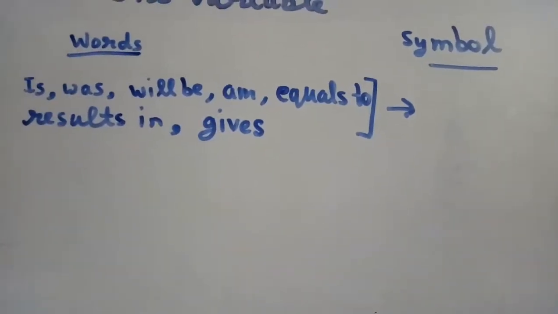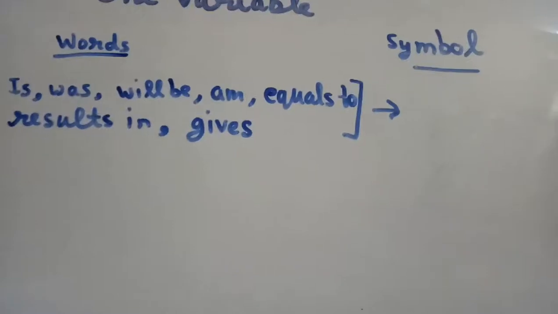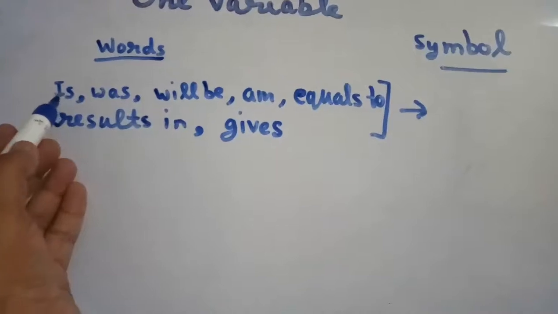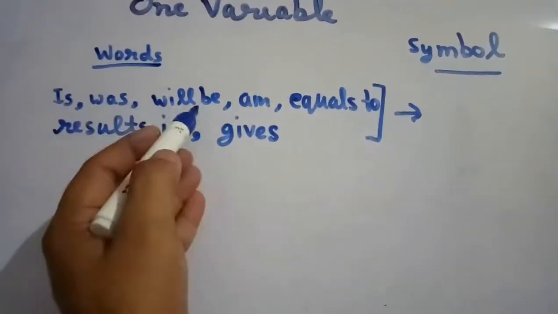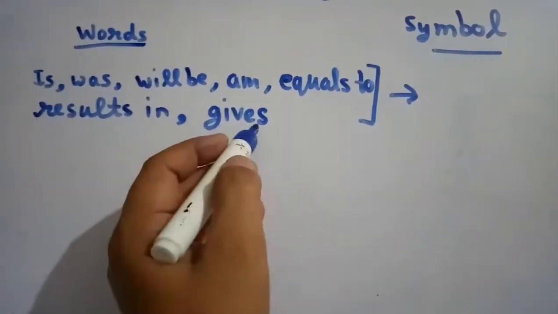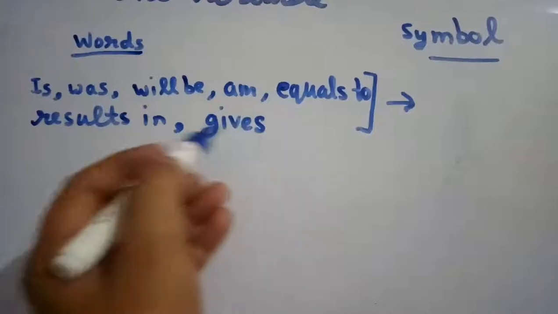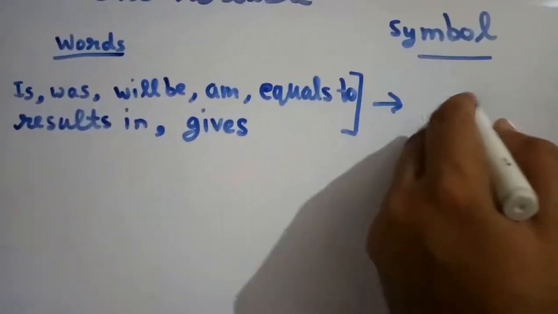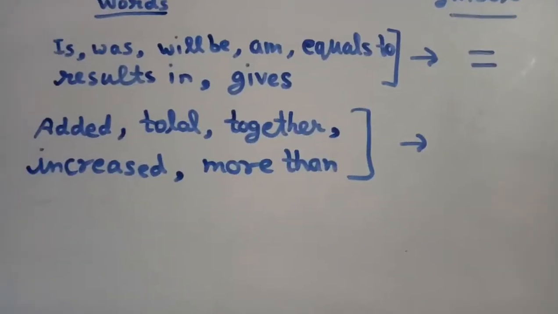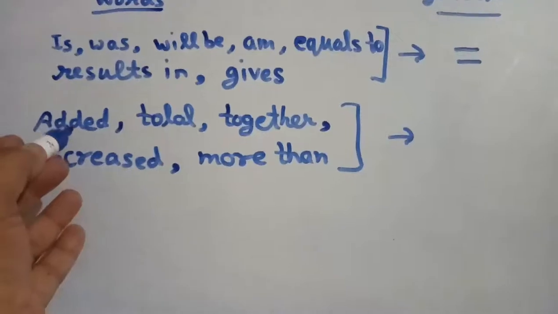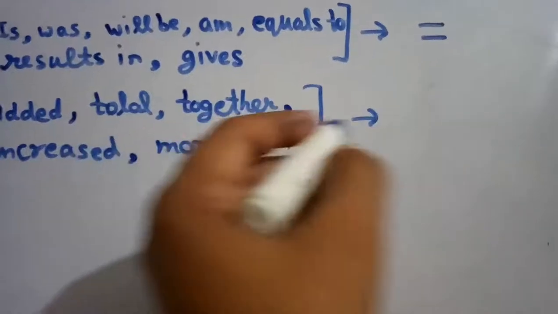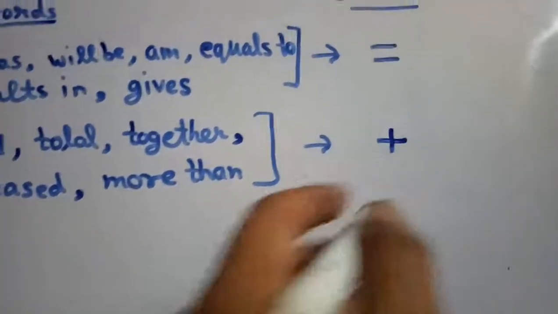So student, identify where we should put the equal sign. You can check for these words in a sentence: is, was, will be, am, equal to, result in and gives. If you find such words in any statement, we put an equal sign instead of these words. Now if you find such words as added, total, together, increased, more than, we put a plus sign instead.